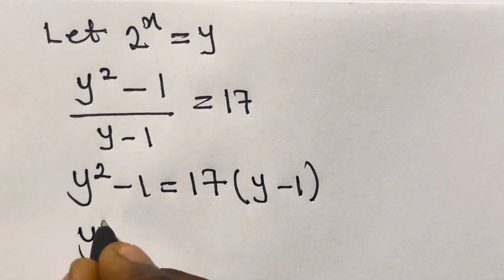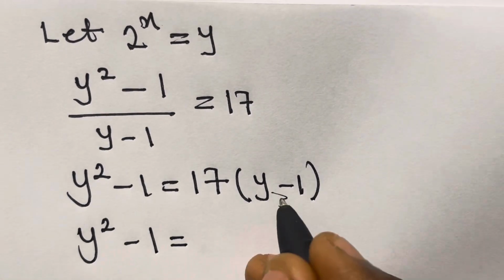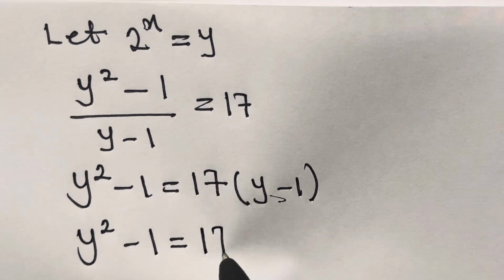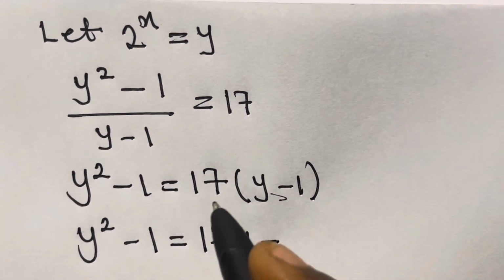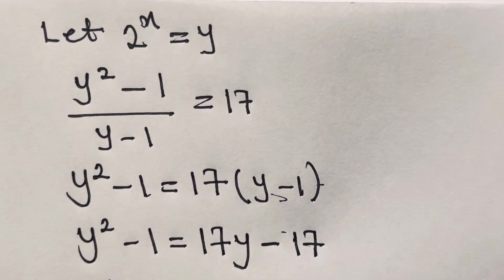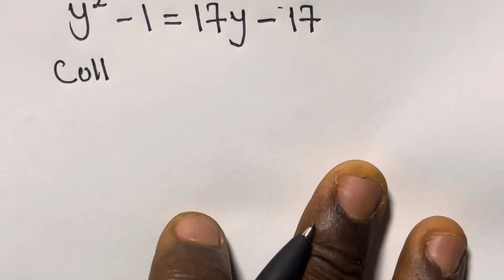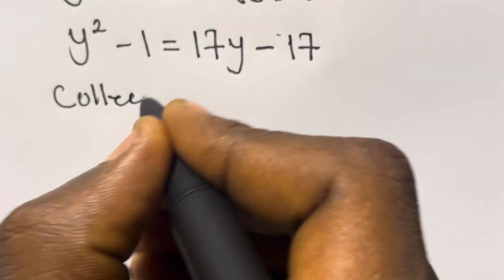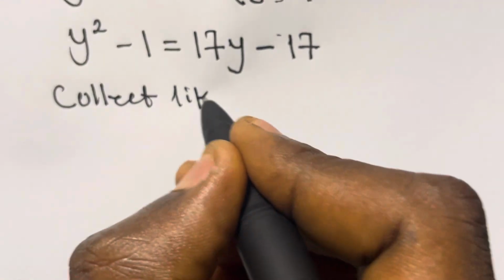We will have y squared minus 1, then we expand this bracket. 17 times what? That is 17y minus 17 times 1, that is 17. Now we collect like terms.